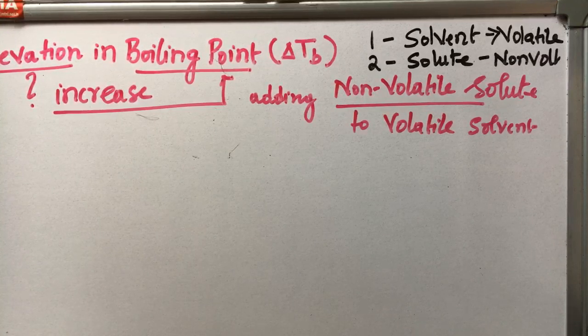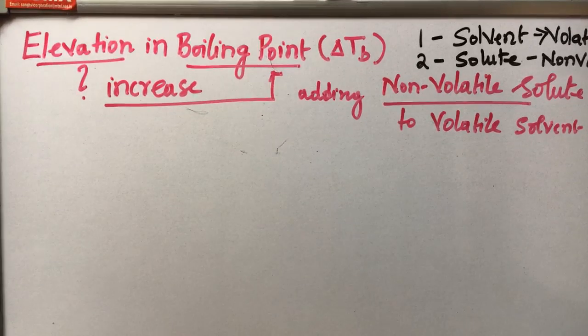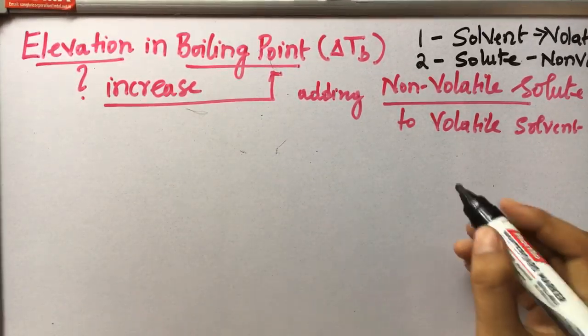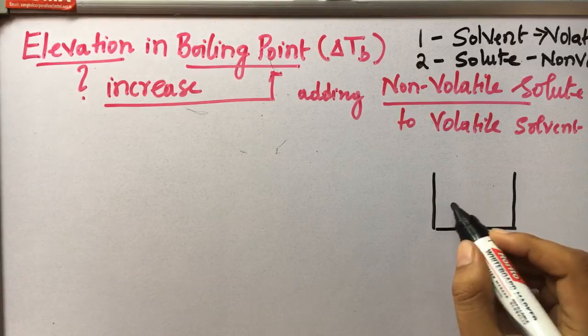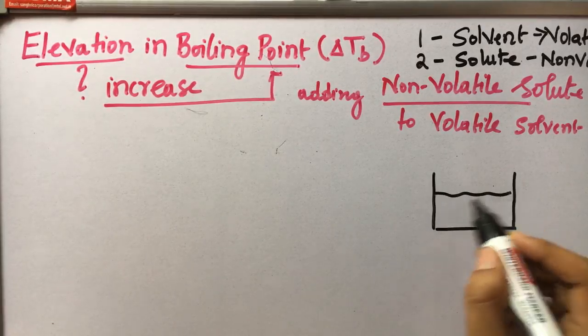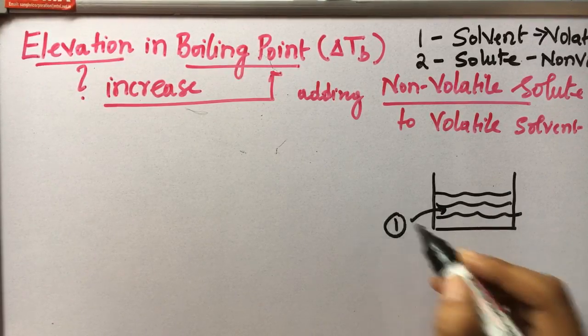What does 1 stand for? What does 2 stand for? Tell me, what does 1 stand for? Solvent. 2 stands for solute. Always remember, for all our discussions, solvent is volatile and solute is non-volatile hereafter. Even in RLVP you have to remember the same. Now let me say that a solution is made by taking 2 components. Let us say this is component 1.